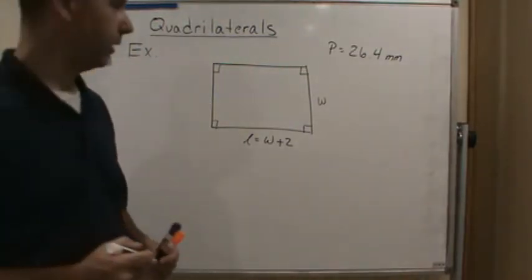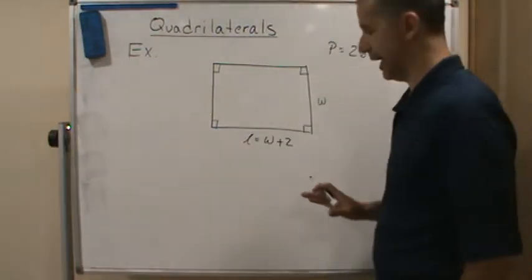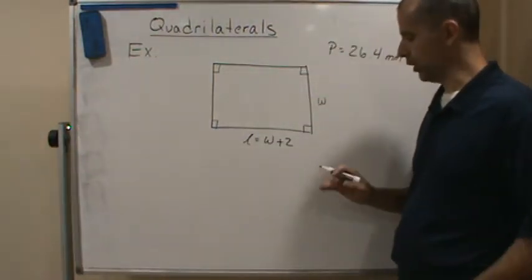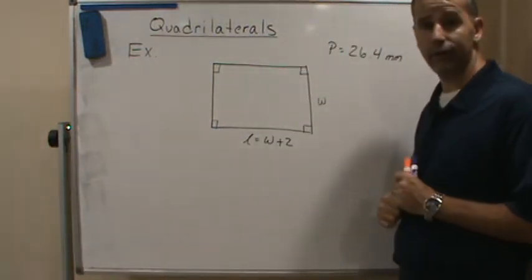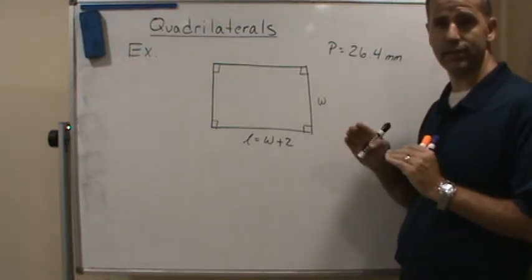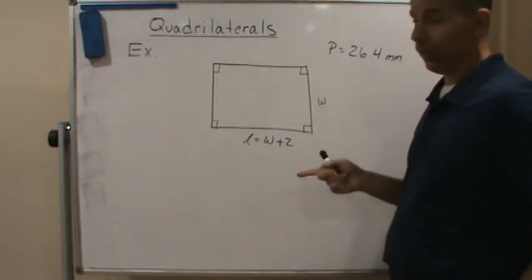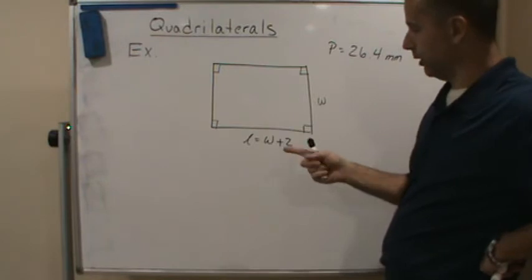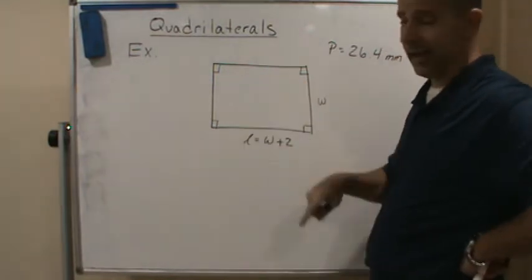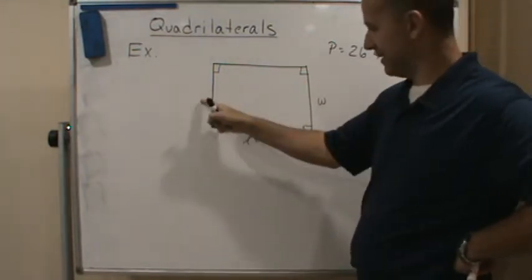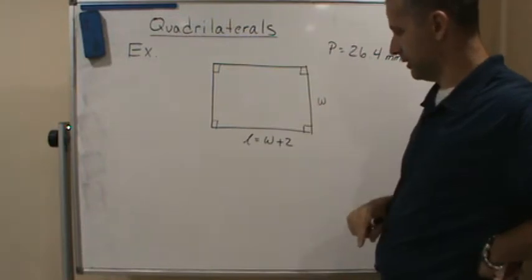So now this is where we have to think about this, right? We know the perimeter of a shape is the distance around. In the case of a rectangle, this side and this side are the same, and this side and this side are the same.